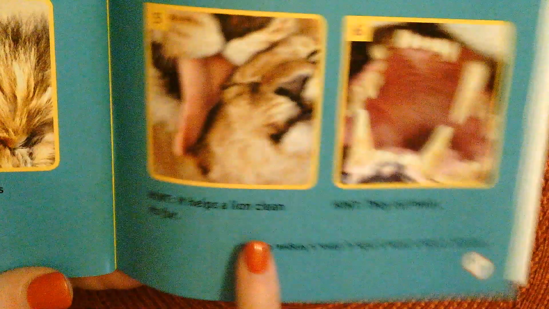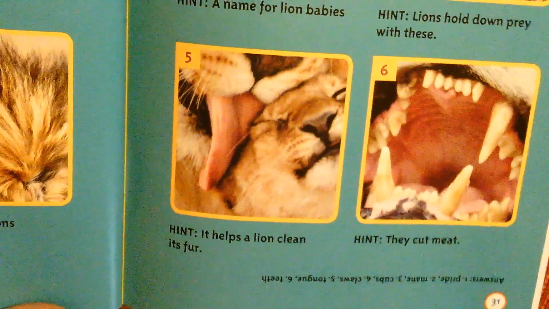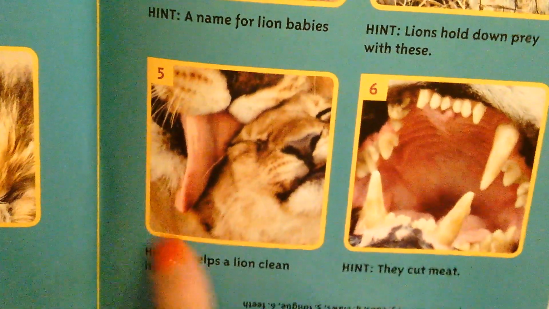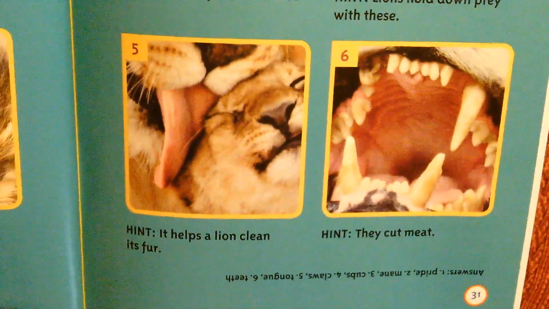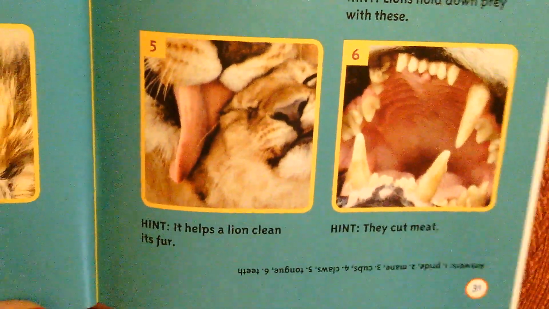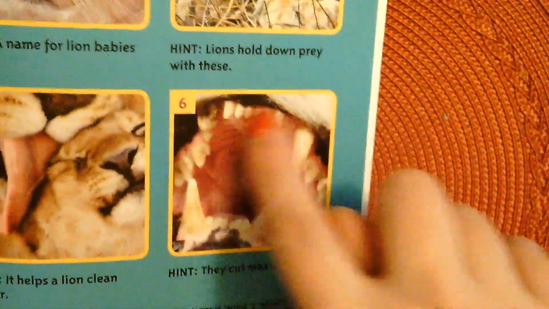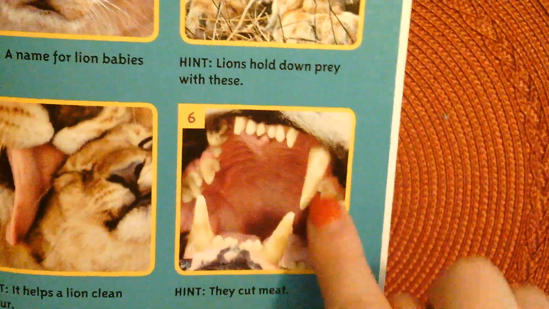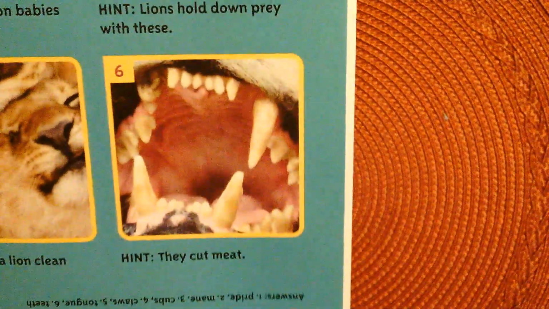It helps a lion clean its fur. There was actually a lot of information on this one. I wonder if you could tell a family member what helps a lion clean its fur. What's on a lion's tongue? It makes it different than ours. And the last one, they help cut the meat. What body parts? Pretty obvious here.